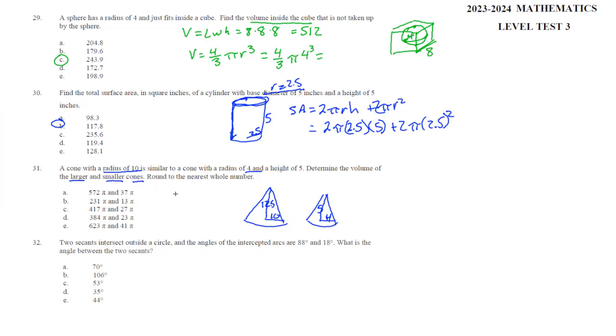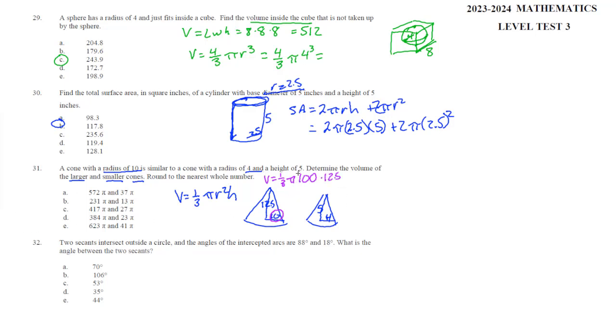So volume is going to be 1/3 pi r squared h. So on both of these. So volume equals, let me see, on this one, we'll do them in 2 different colors. So this one, volume equals 1/3 pi times r squared, that's 100, times 12.5.